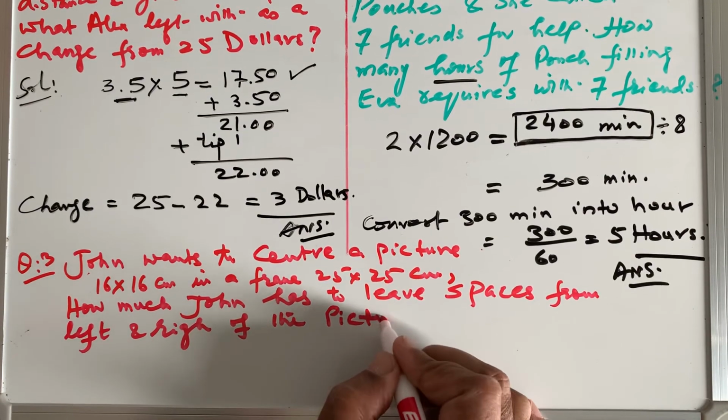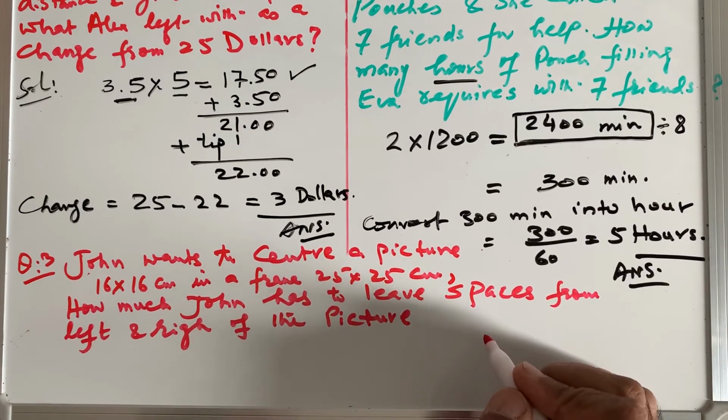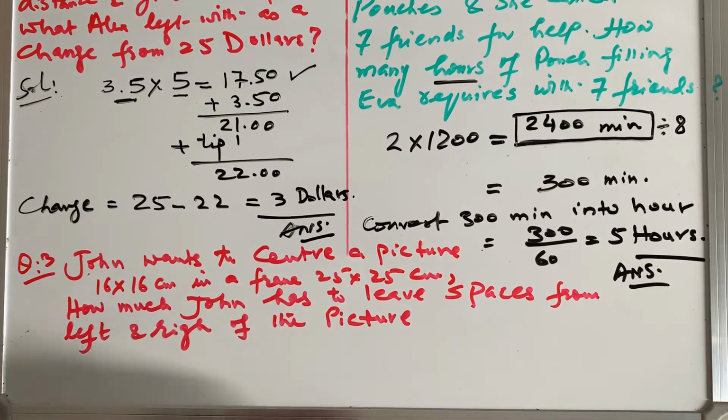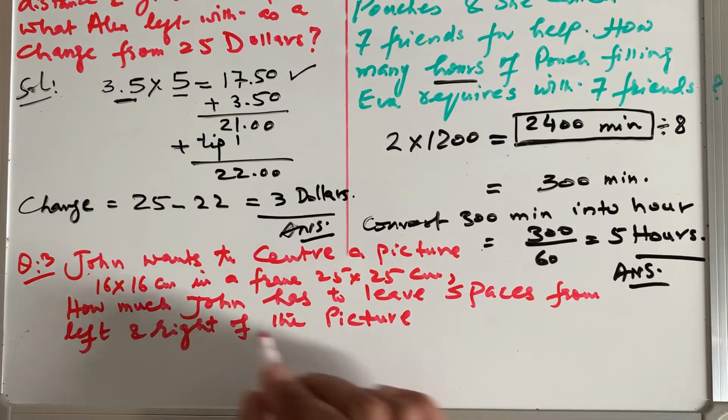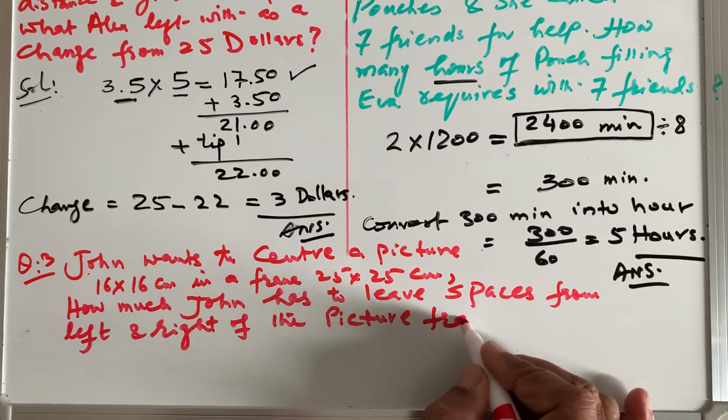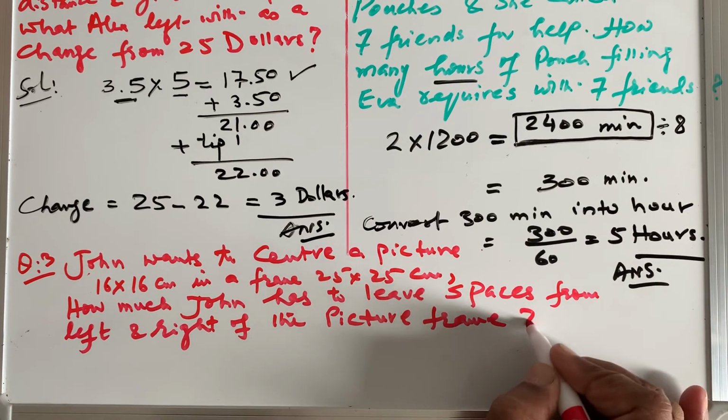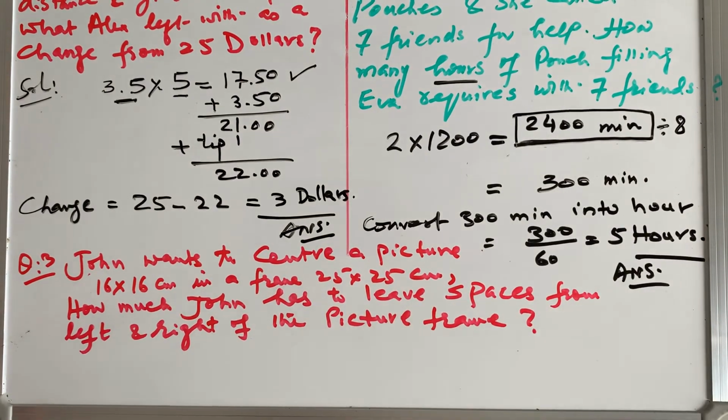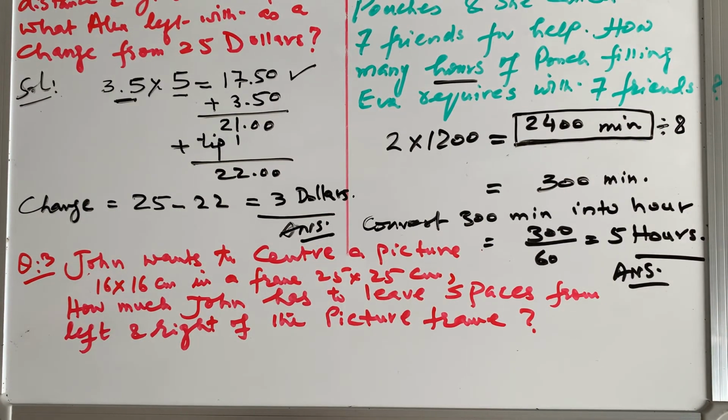Again, we have to read the question carefully, and make a drawing if you want. So how much space does he have to leave to center it? John wants to center a picture 16 by 16 in a frame which is 25 by 25. How much space does John have to leave from left and right of the picture frame?